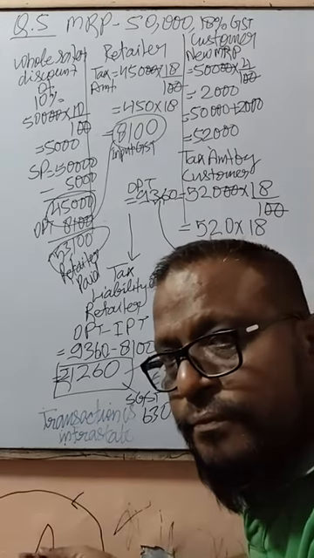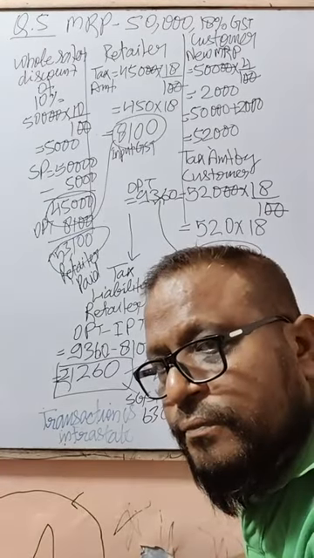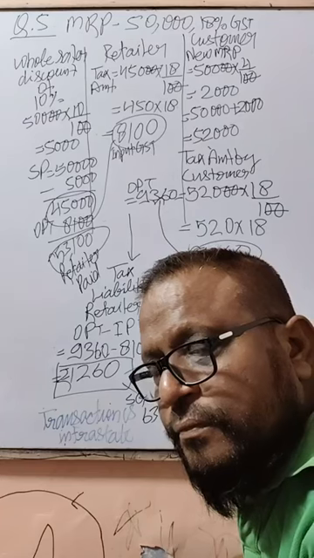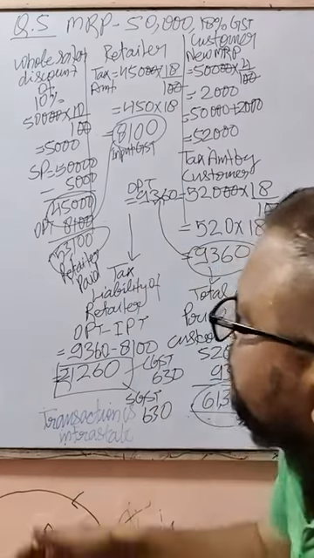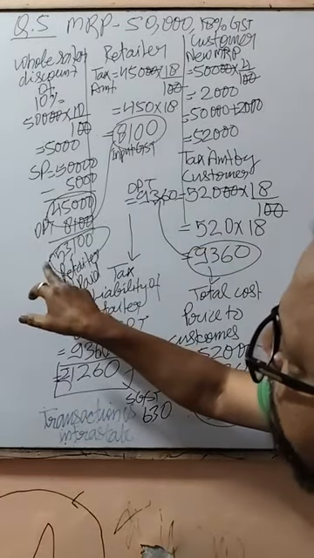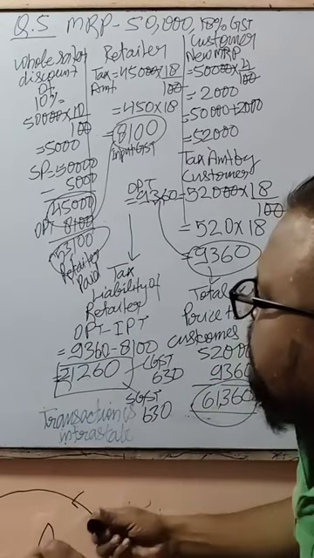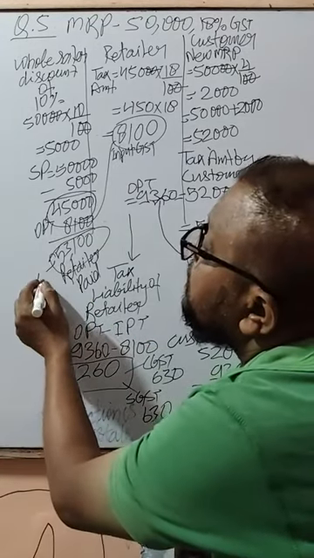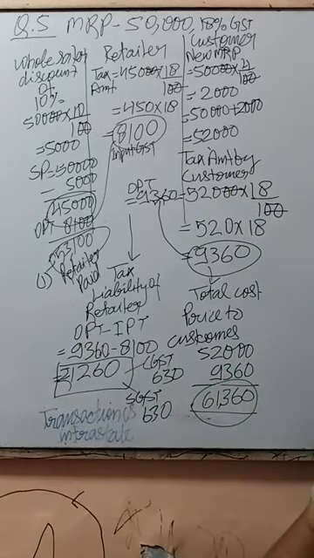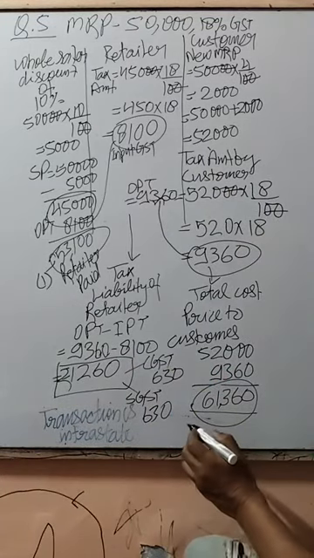The amount the shopkeeper pays for the article under GST. That is 53,100 rupees. This is answer number 1. The amount paid by the consumer for the article is 61,360.